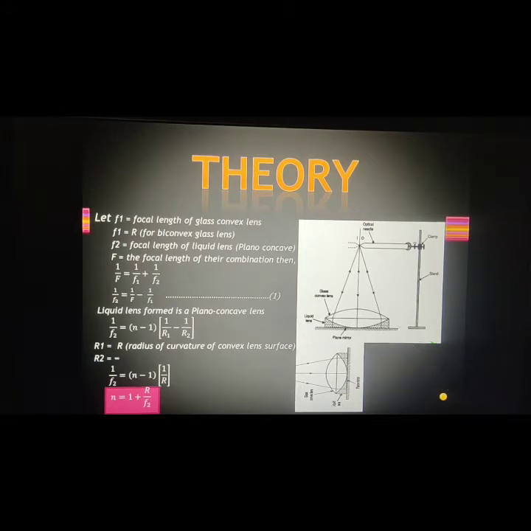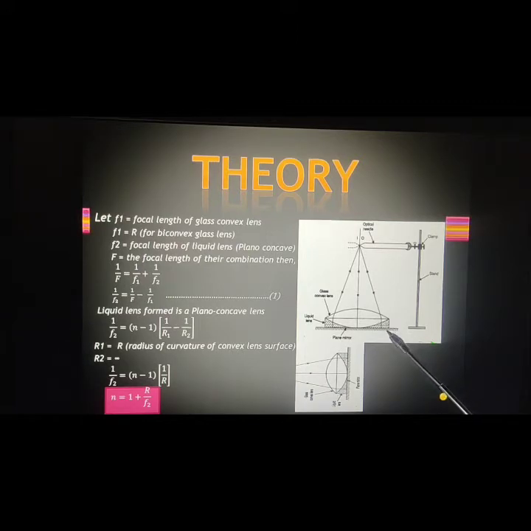The water is not there in the first part. So we have the rays passing through the convex lens, and if the image of this object has to be formed at infinity, then the emergent rays from this lens should be parallel to each other.